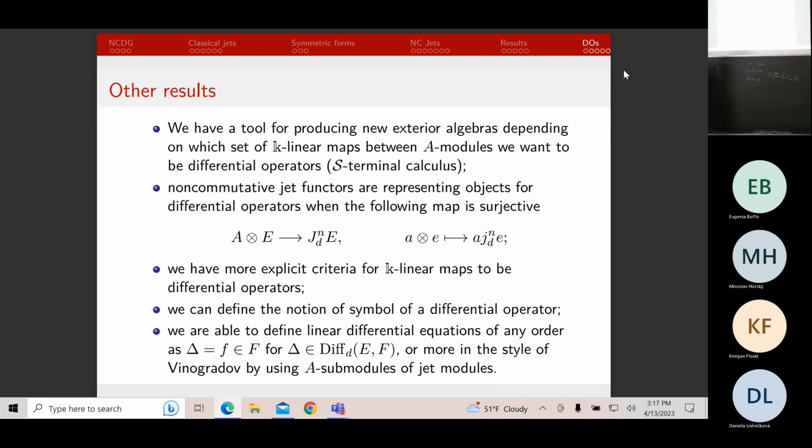I think that if we take a reasonable notion of exterior algebra coming from supergeometry and we change the signs in a reasonable way, we can find an equivalent formulation of supergeometry so that this map will be surjective and this will coincide with the jets we have seen from here. Otherwise, it's just defined as functors in case of modules.